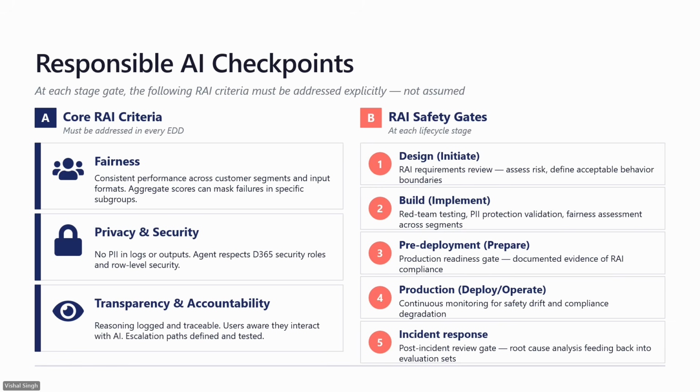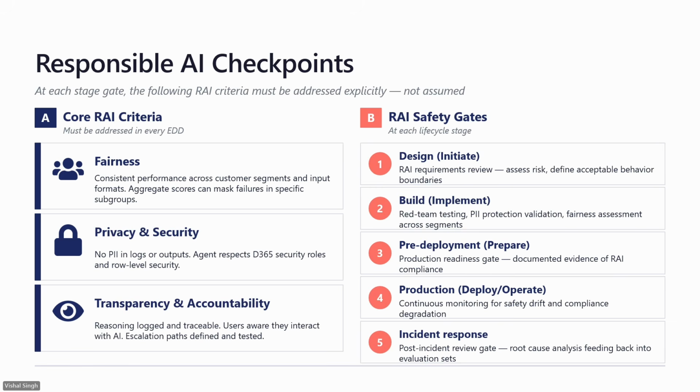One is fairness: consistent performance across segments, user types, and input formats. Aggregated accuracy is sneaky. It hides a failure in a specific subgroup. So the agent evaluation framework calls for a statistical fairness analysis across different segments before production.